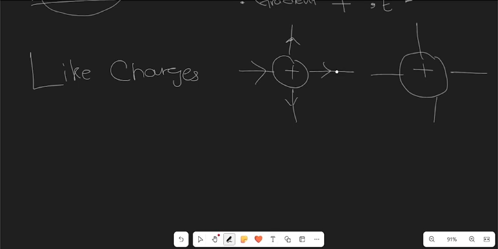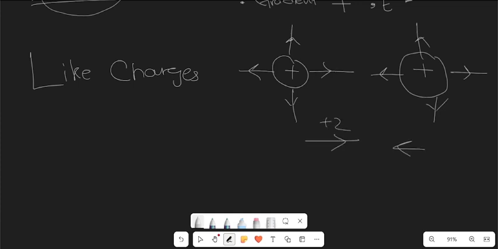I drew this here accidentally, so let me just erase it. So it's going away. Now, do you see? It's going in this direction, it's coming in this direction, they cancel each other out.